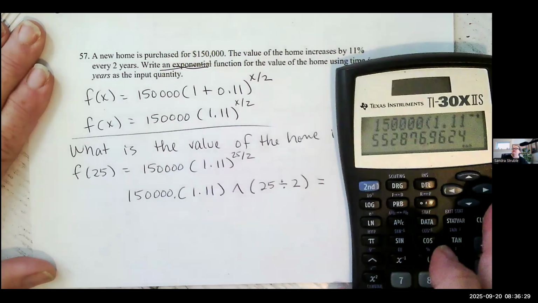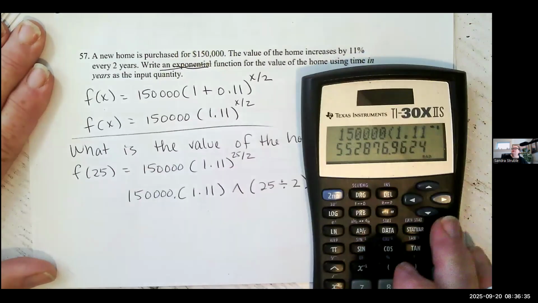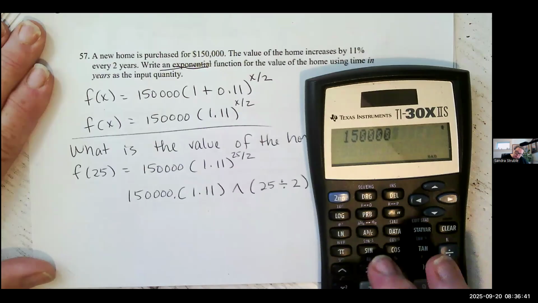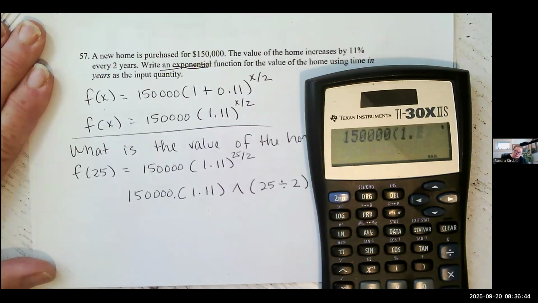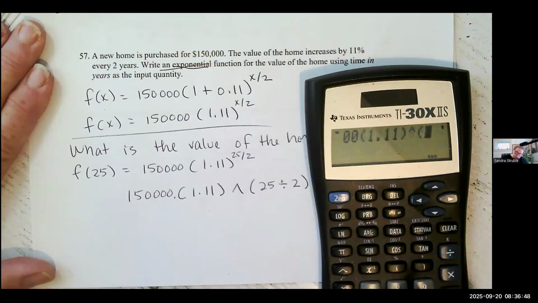And I got 552. Did I do this? Hold on. Let me just double check myself. I don't want to give you the wrong answer. 150,000, parenthesis. Well, it's increasing by 11%. That explains it. Caret, open, 25 divided by 2, equal. Yeah.